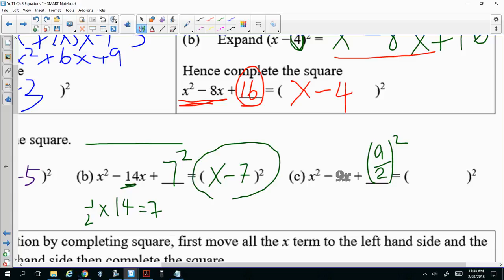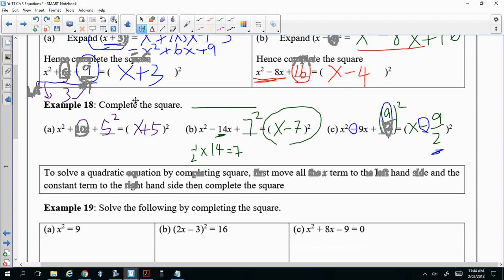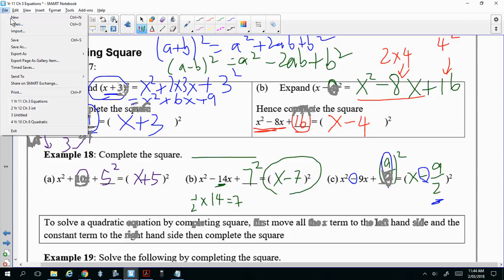So you write (x - 9/2) squared. You just copy what's in here, over here. And of course, if it's a minus, you write a minus. If it's a plus, you write a plus. That's how we complete the square. We're going to do some questions and apply them to quadratic equations.